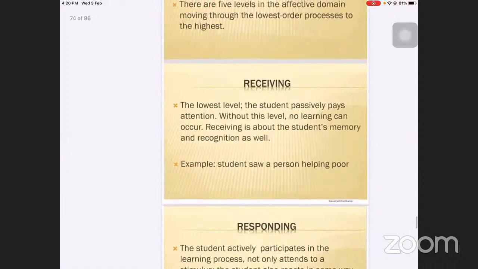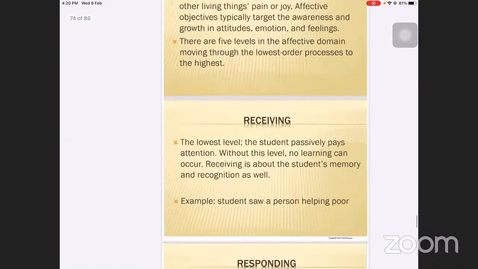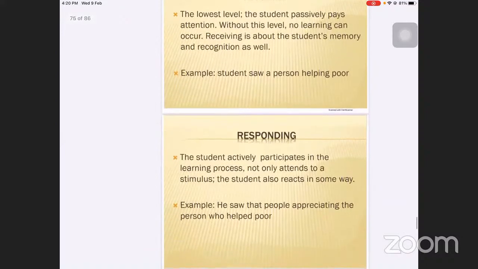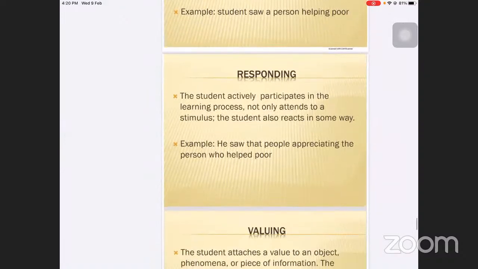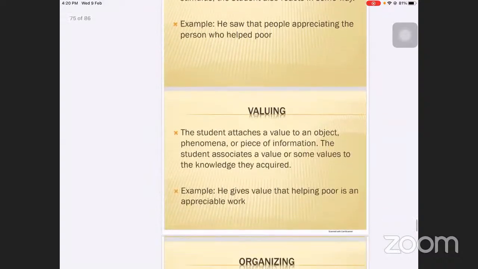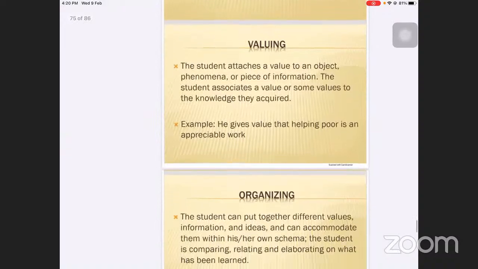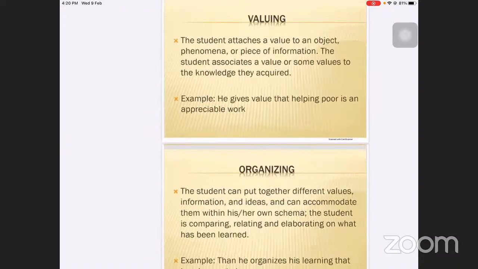In what way? Students saw a person helping the poor. Responding, he saw that the pupil appreciated the person who helped the poor. This is the response. Valuing, this is where one value develops. He gives value that helping the poor is appreciable work.